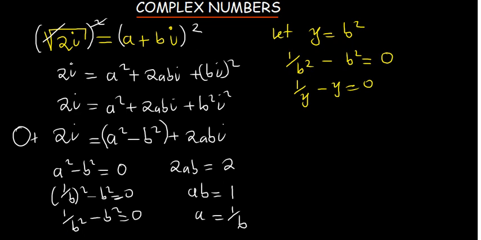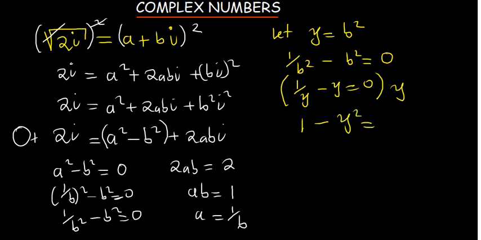At this point, I don't want to deal with a fraction. The best you can do is the same thing that is in the fraction, multiply the whole equation with that same thing. So 1 over y times y, you are just going to remain with 1 because the y and the y, they'll cancel out there. And then minus y times y, that is going to be y squared.